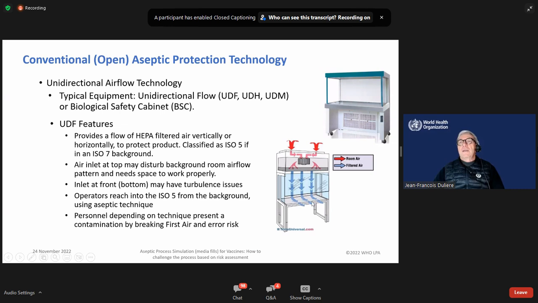Then maybe the design could be improved if you have some risk of virus dissemination, and then keep the air going back to the equipment. This is something we need to consider during the design and the choice of this biosafety cabinet.